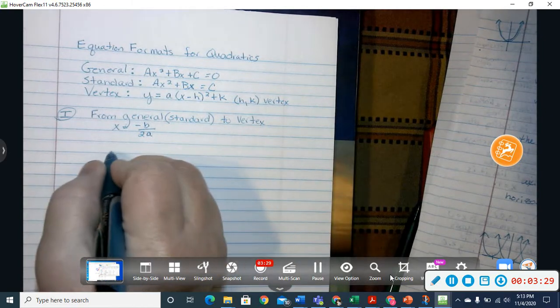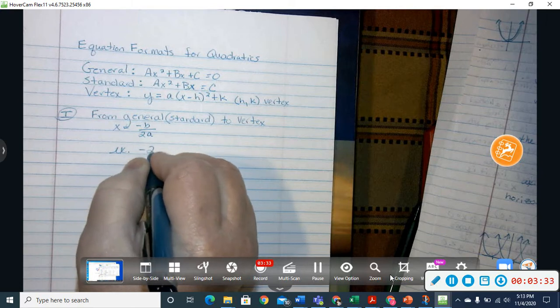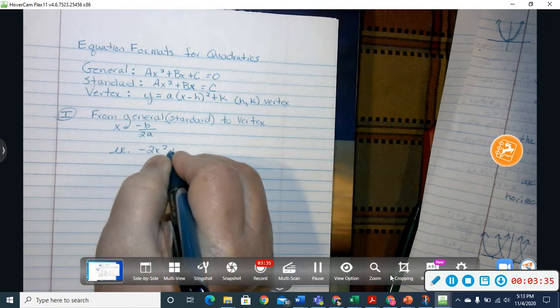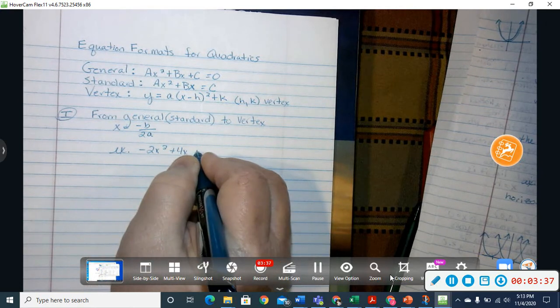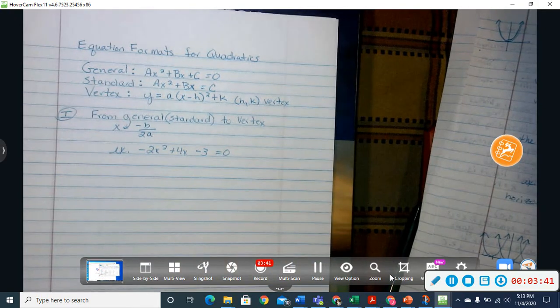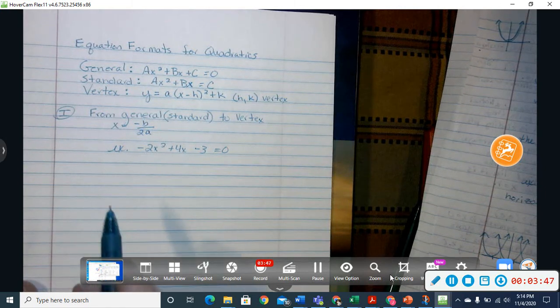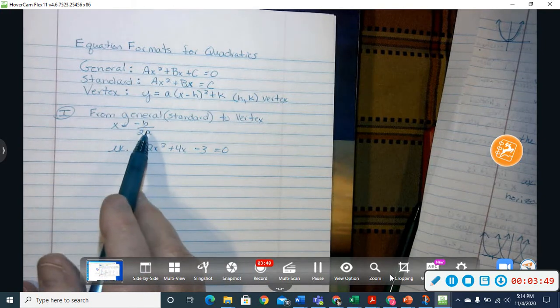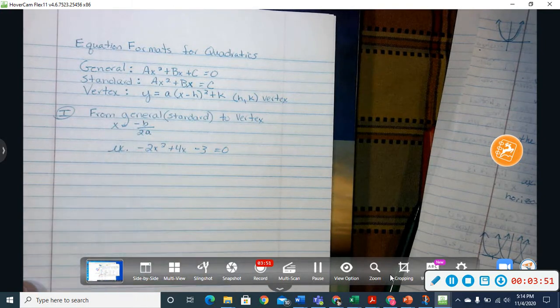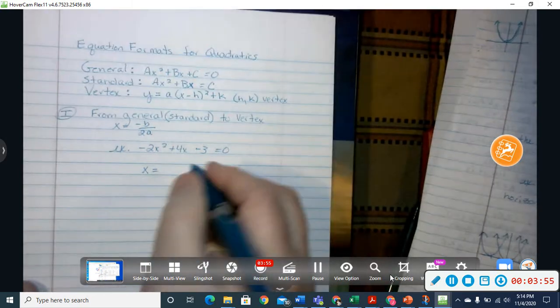So let's look at an example. We have the equation negative 2x squared plus 4x minus 3 equals 0, and we want to write that equation in vertex form. The first thing we do is find the a and b values and plug them into that formula to find x.